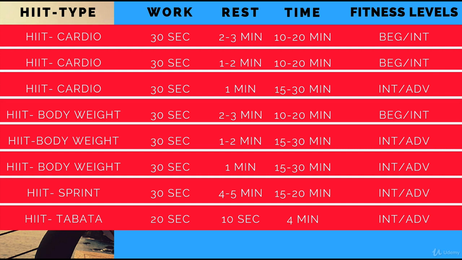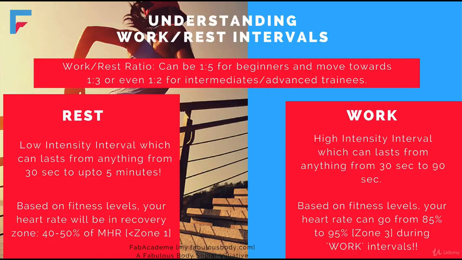All right, so when we talk about the formats, there is work and there is rest, and there is the total duration of the HIIT workout. Work is the high intensity interval which can last anything from 30 seconds to 90 seconds. Overall, on average it's around 45 seconds for people.